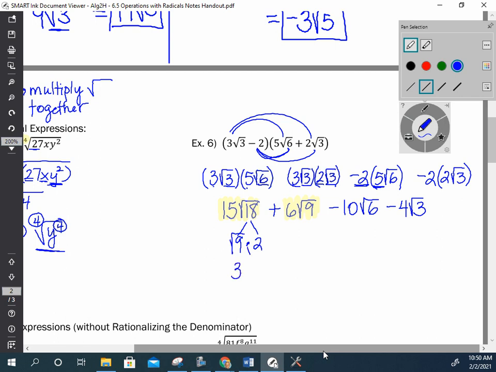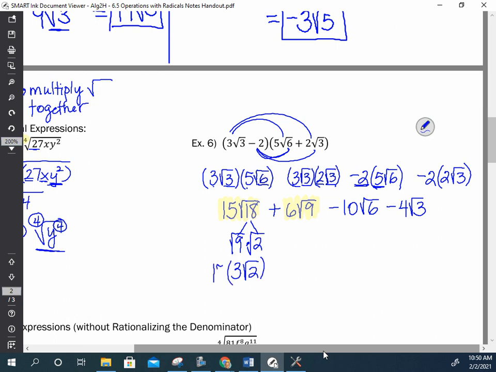Square root of 9 is 3. Square root of 2 stays. 3 square root of 2. Square root of 9. Oh, isn't that nice? That's a perfect square. 3.